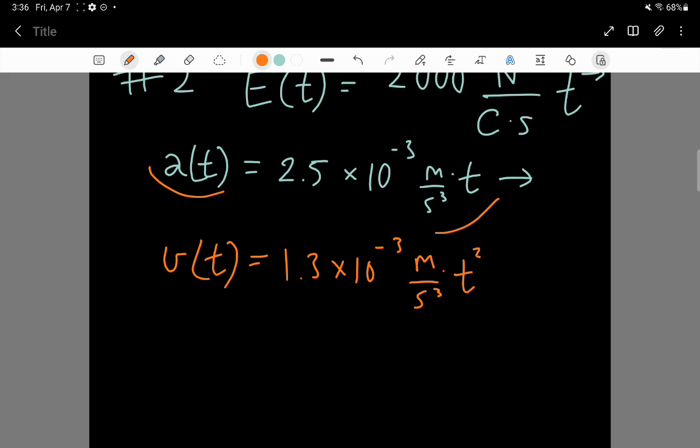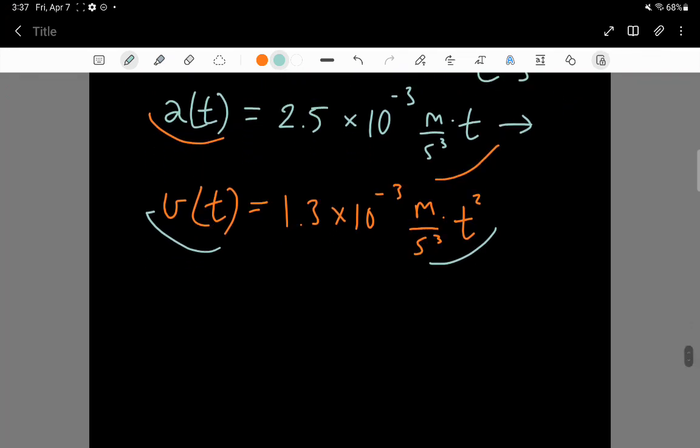And that's just from integrating the acceleration. So you'll get t goes to t squared divided by 2, and 2.5 divided by 2 is the 1.3, right? And if you look at the units, they are meters per time cubed, right? Distance per time cubed times time squared is overall distance per time, which is velocity units, right? So the integration itself is doing the right thing with the units.